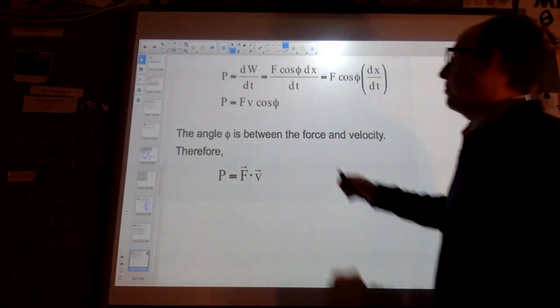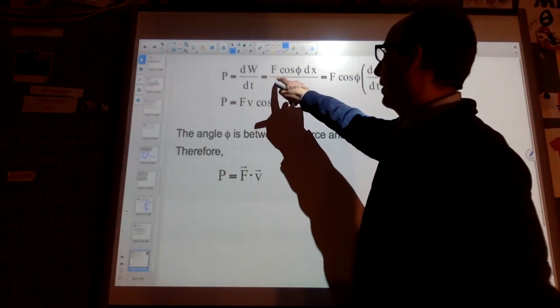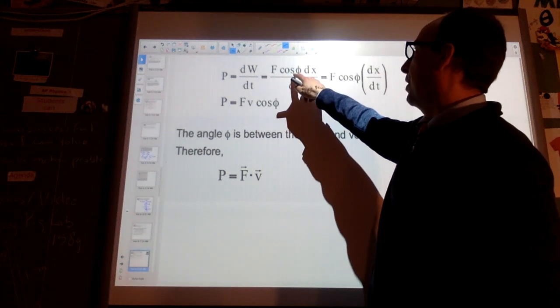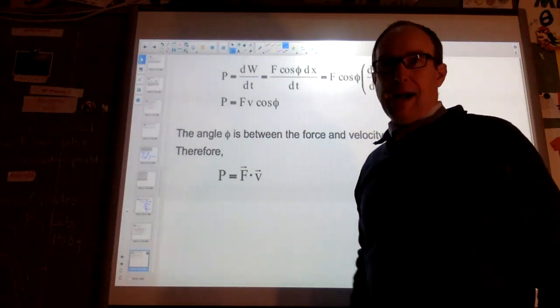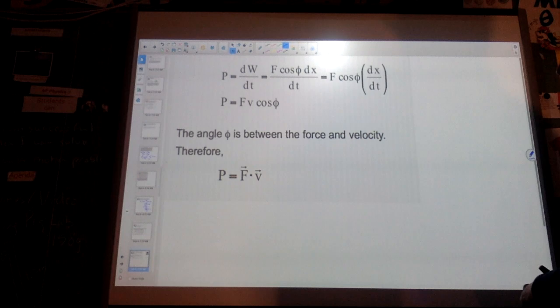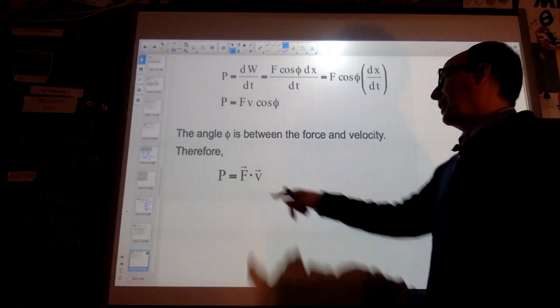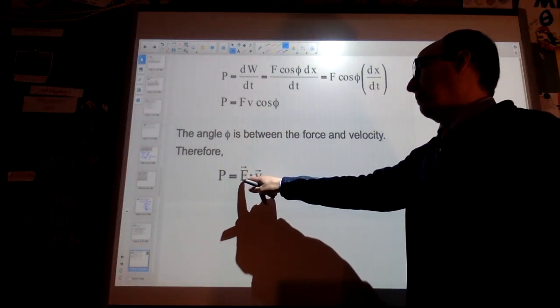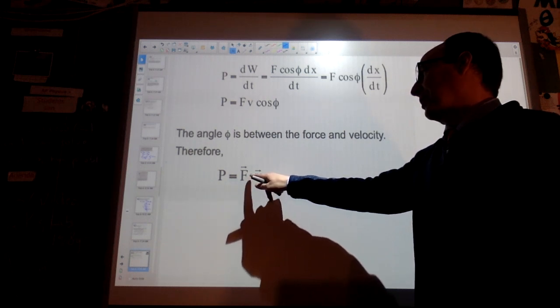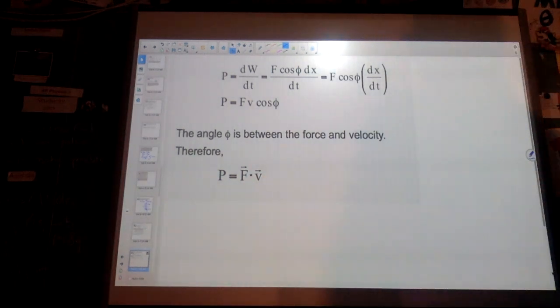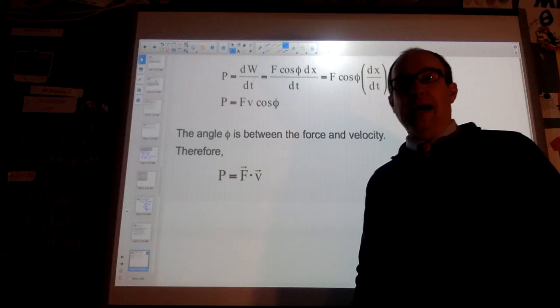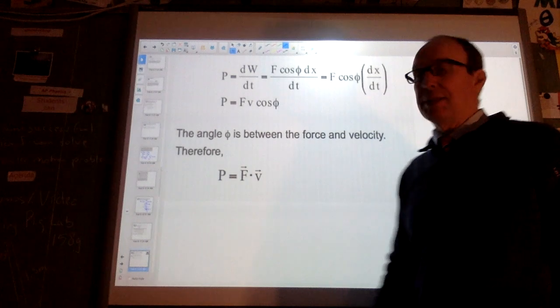We also know that power is equal to our force times our velocity. And so we can rewrite this as power is the dot product of the average force with our velocity. And again, anytime you have a dot product between two vectors, you end up with a scalar.